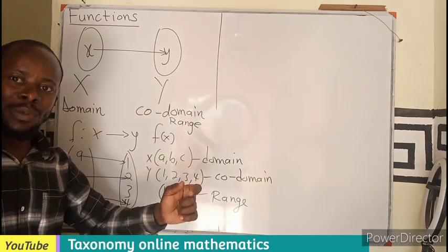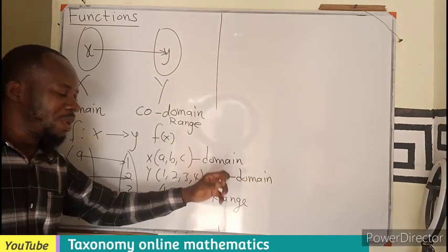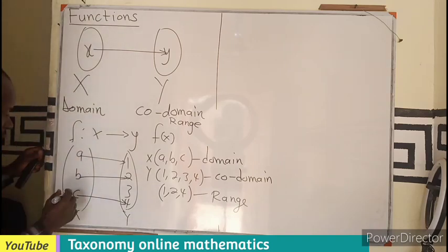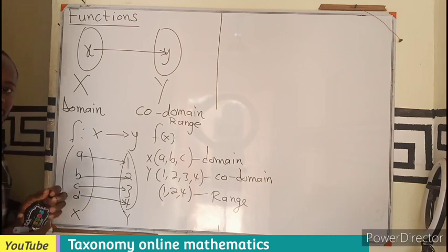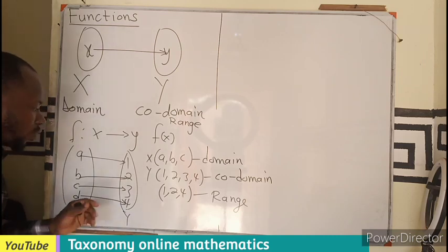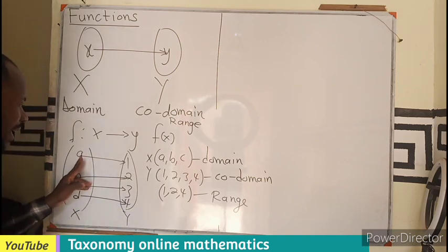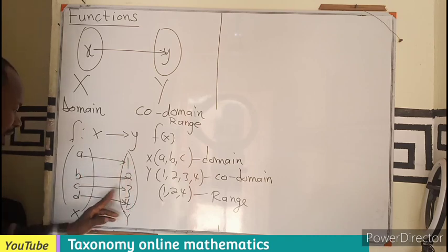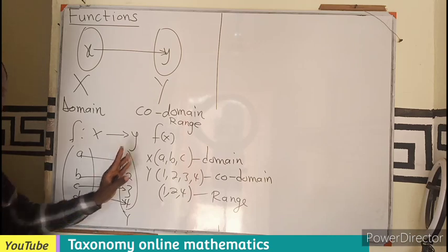Now there are instances whereby the domain, the codomain, and the range will be the same, as in this case where I have C and D. This is a one-to-one function or one-to-one relation, whereby A1, B2, C3, D4. That is the ordered pair.